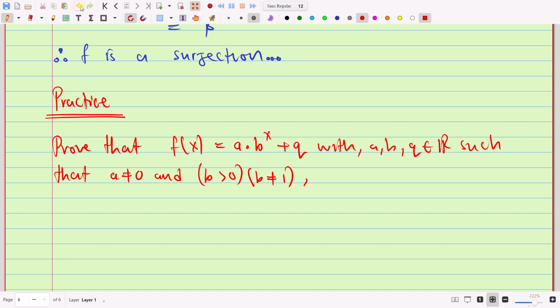So prove that this function with these conditions supplied on it is surjective.